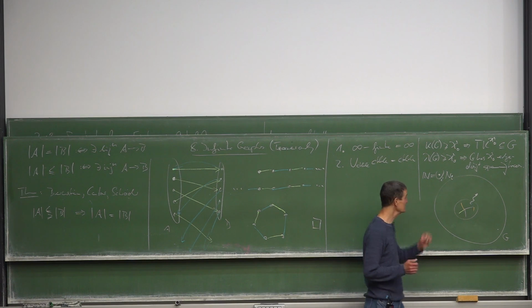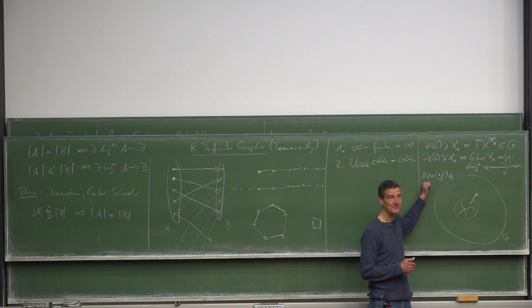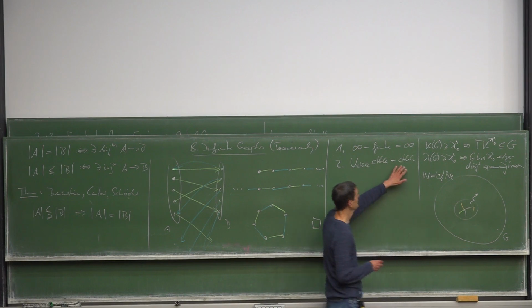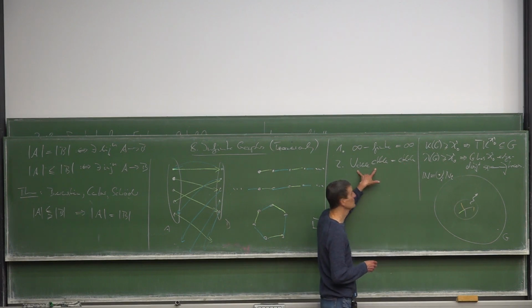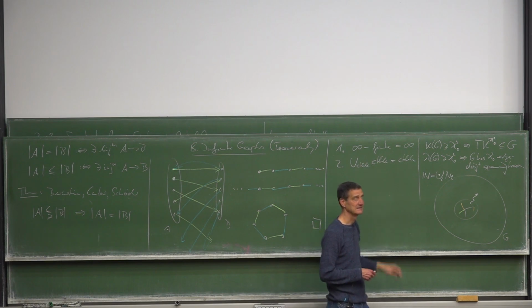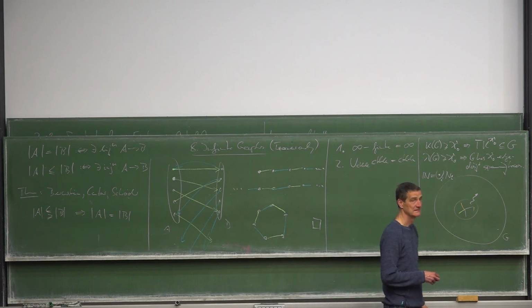And the trick is to consider each of these t_i infinitely often by partitioning n into infinitely many infinite sets. Questions?